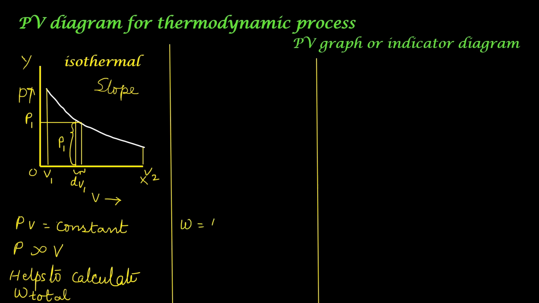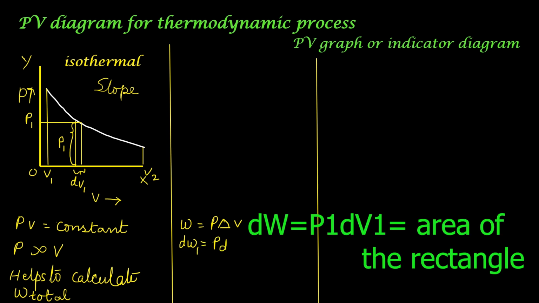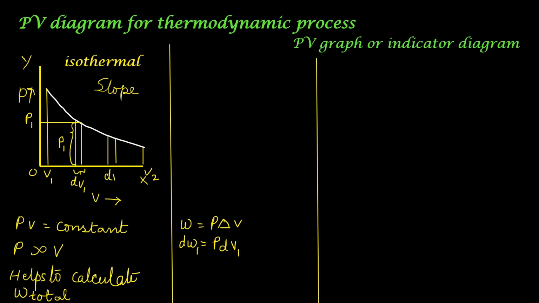We already know that work done is equal to P delta V. For this small delta V, we can write dW1 is equal to P1 delta V1. And from the diagram, you can understand it is nothing but the area of that narrow rectangle. Now let us consider one more such region, delta V. Let us mark it as dV2. This is the initial and final volume for this dV2. The pressure will be approximately the same.